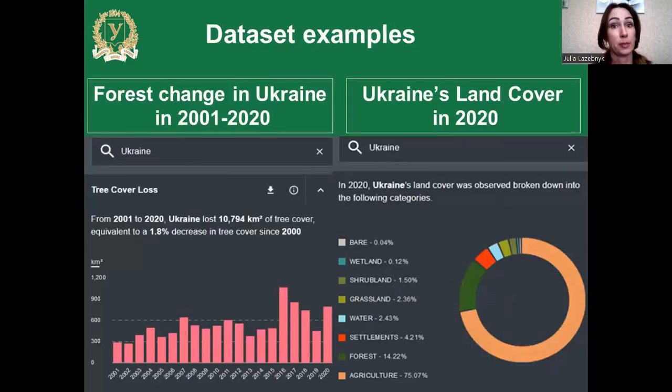The European Space Agency and Copernicus Climate Change produced global land cover maps from 1992 to 2020. The map legend contains 22 land cover classes that are briefly defined using the land cover classification system developed by the FAO.